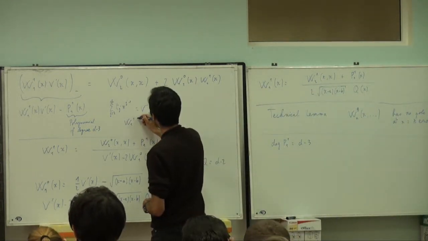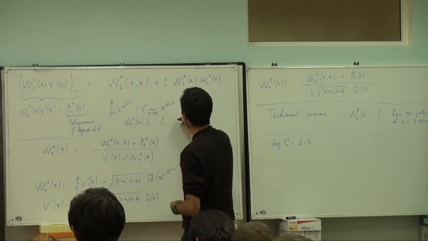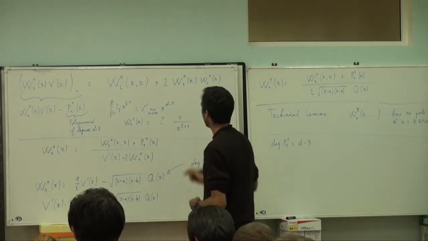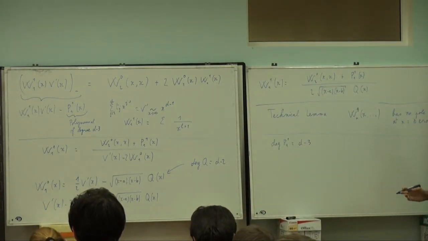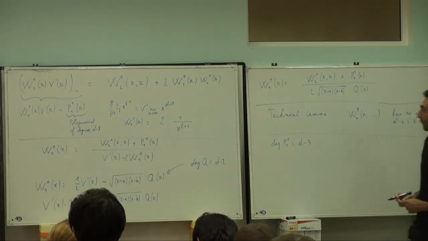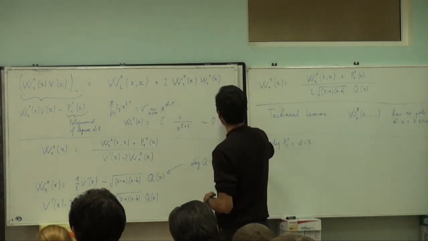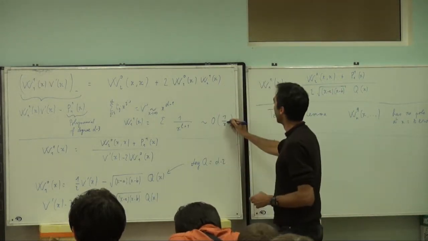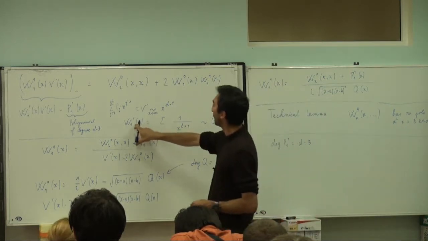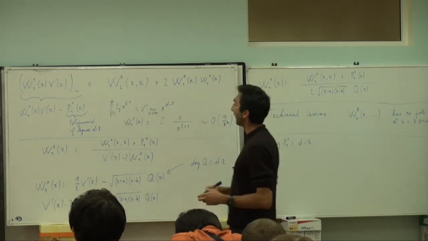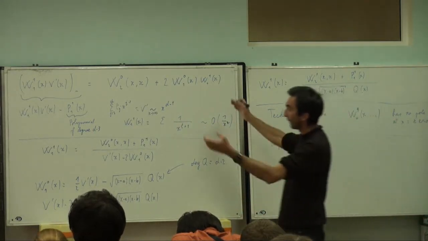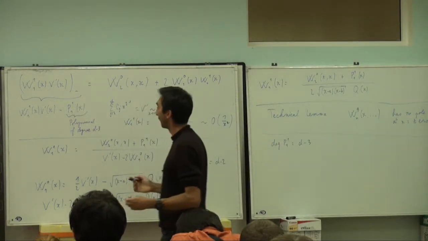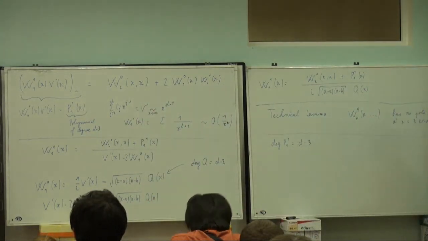W11 of x contains the sum over 1 over x to the L plus 1, where L is the length of the marked face, and the marked face has necessarily at least length 1. So this means that it behaves like O of 1 over x squared. So the product, W11 times V prime, behaves like x to the d minus 3 at infinity. So this is why, when you take the positive part, P11 is a polynomial of degree d minus 3.